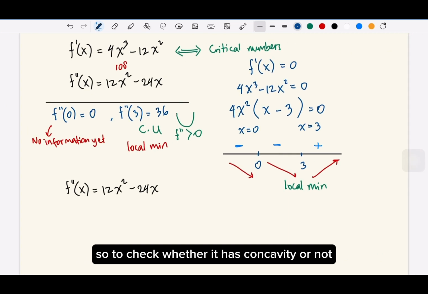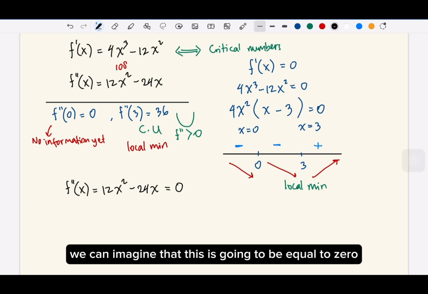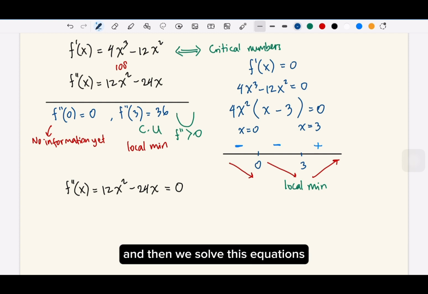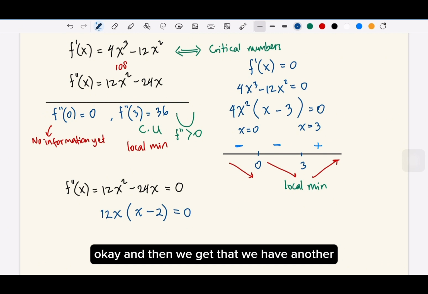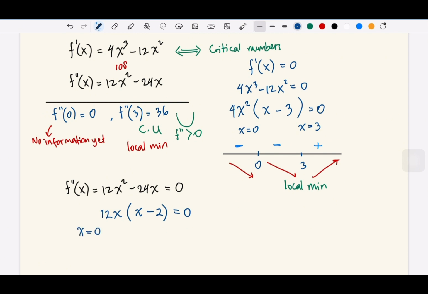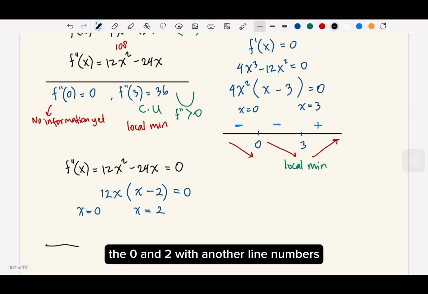To check whether it has concavity or not, we set this equal to 0, supposing that we are going to see some inflection point, and then we solve this equation. Then we get another set of numbers, 0 and 2.